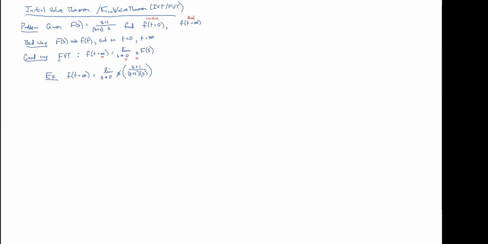So these s's cancel, and we are left with the limit as s goes to 0 of (s plus 1) over (s plus 2), and that's just 1/2. You can plug in s equals 0 directly and you don't get anything unusual. That is a whole lot easier than trying to find the inverse transform of this.